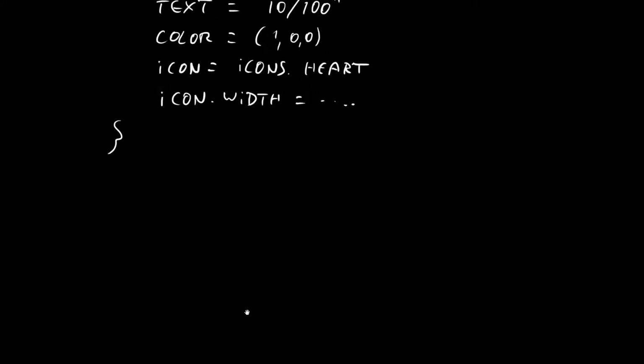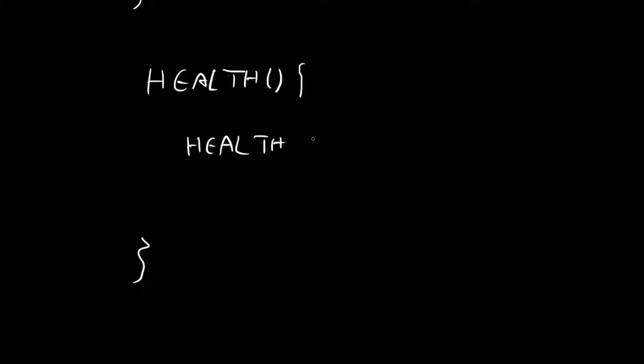We solve it by having an event. So we have our health function or class or whatever. And then all we do is we have a health changed event or something like this, right?